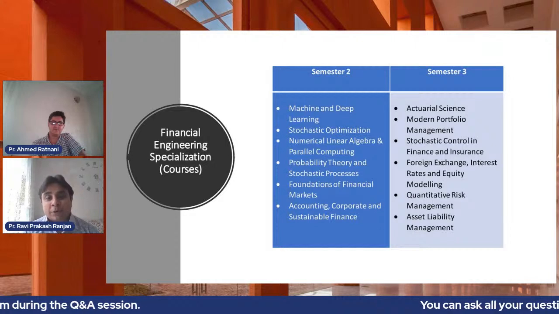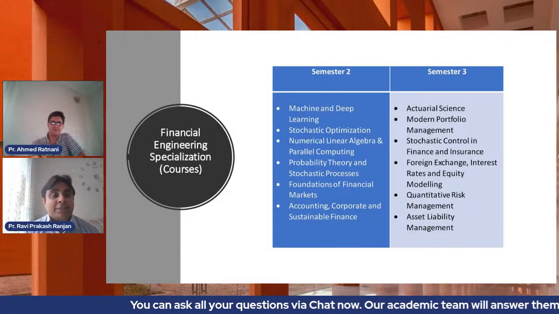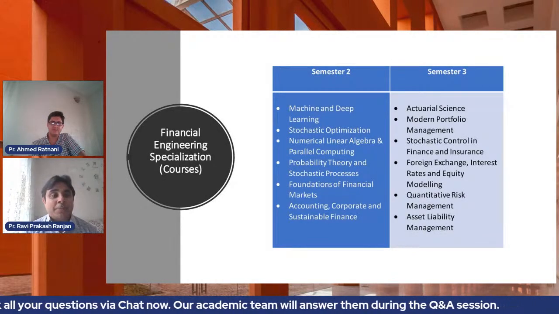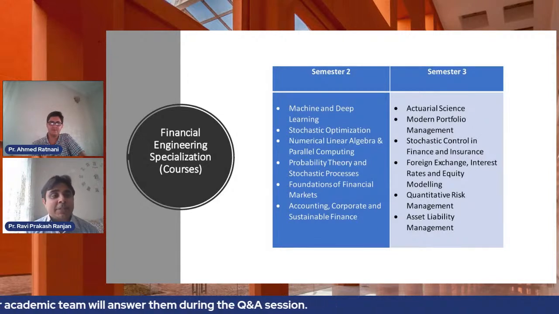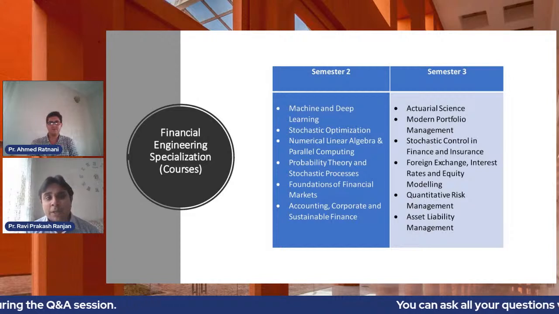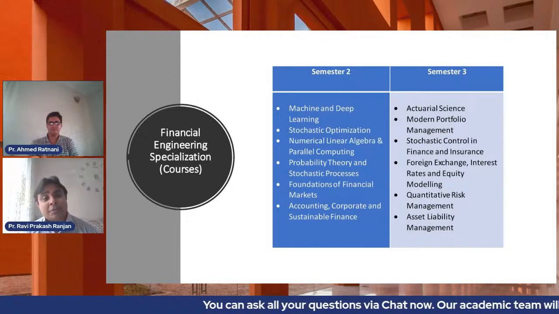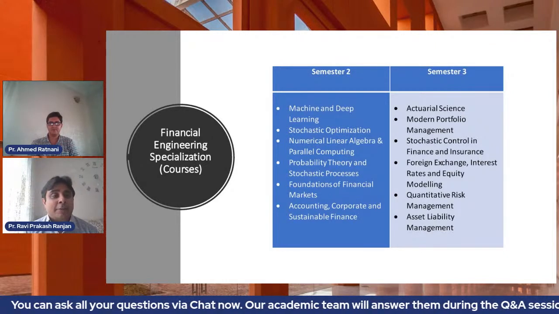The first one is Foundations of Financial Markets, and here we try to build an understanding of the entire financial market, whether it's the history of the banking system, or the fundamental finance concepts, let's say understanding bonds, how a specific derivative works, how trading works, how investment works. All these concepts are built into this first course.